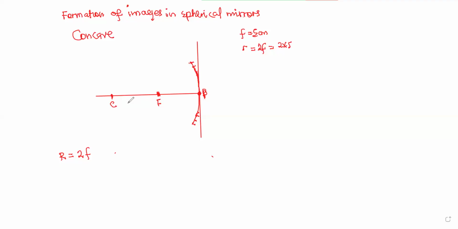So take note. I am not measuring because I don't have what it takes to measure, but you must take measurement. Class, is that okay? Yes, sir. So having done this, I've indicated my principal focus. I've also indicated my center of curvature.